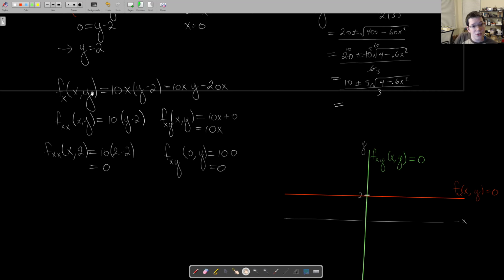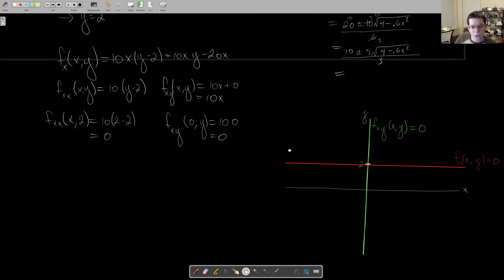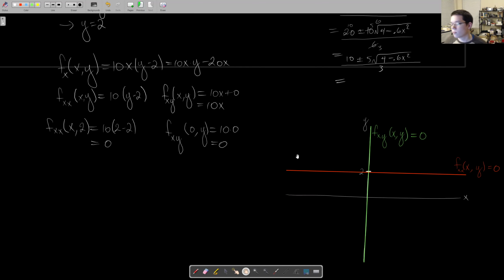Plug into this equation, y equal to 2. It's like we have a ridge. Yeah, let's go ahead and graph it, because I think that's going to help us. That'll help me.